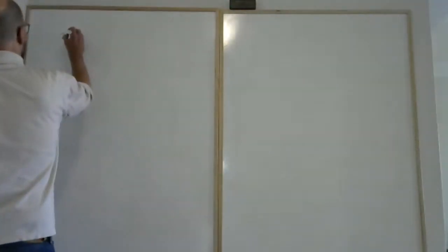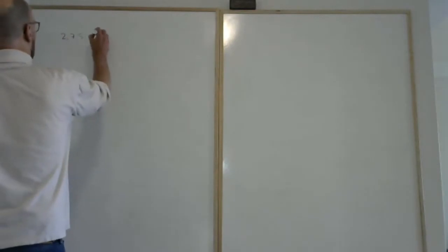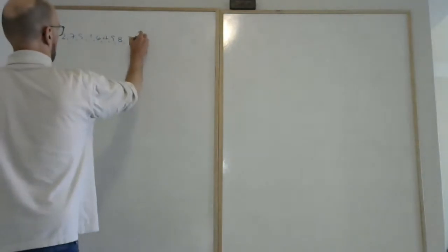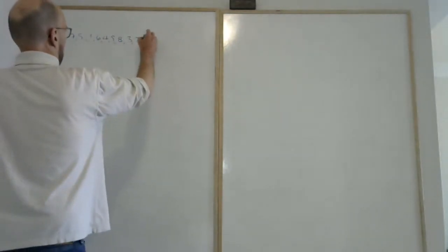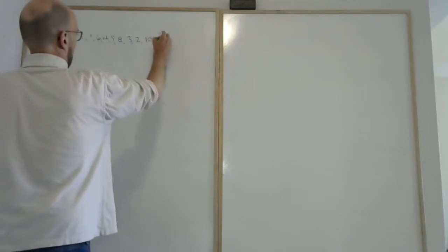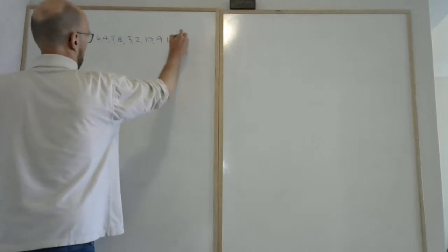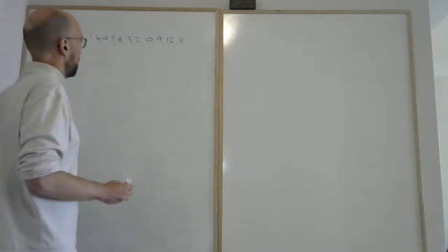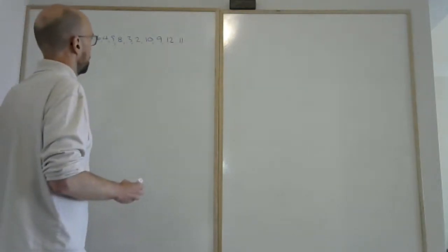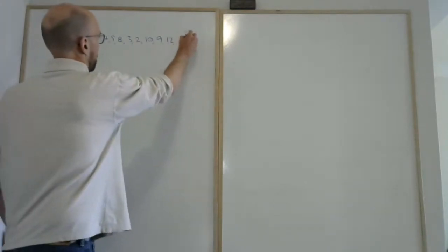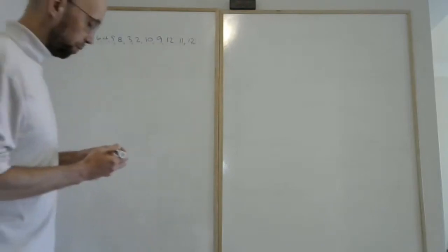You have a sequence of numbers like 2, 7, 5, 1, 6, 4, 9, 8, 3, 2, 10, 9 again, 12. Okay, let's make it 12.